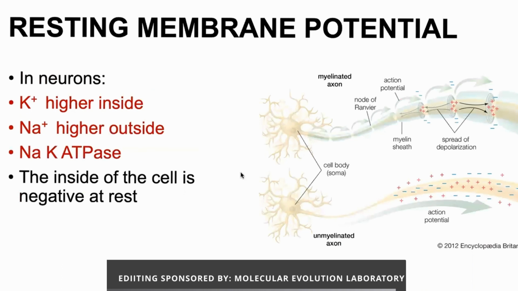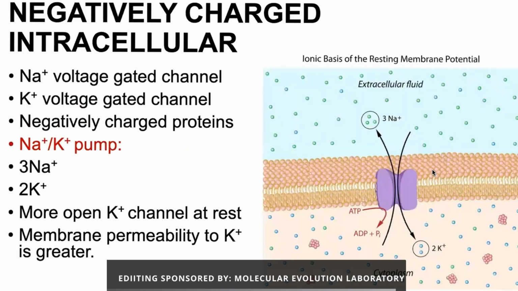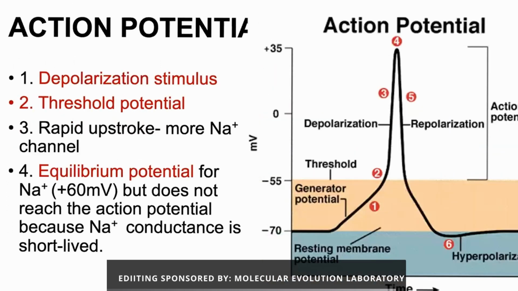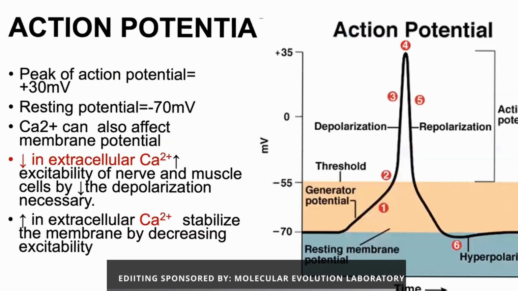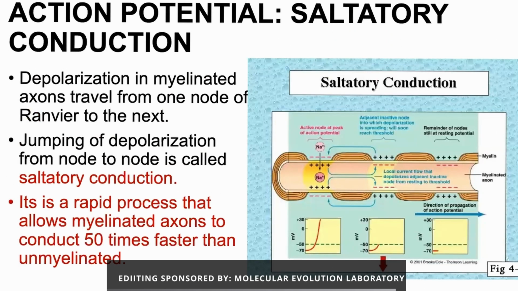It's important to know that potassium and sodium differ, as I said, and the sodium-potassium ATPase pump is important for regulating the sodium and potassium within the cell. This is just showing the same thing: depolarization, repolarization, threshold. You can know nodes of Ranvier.